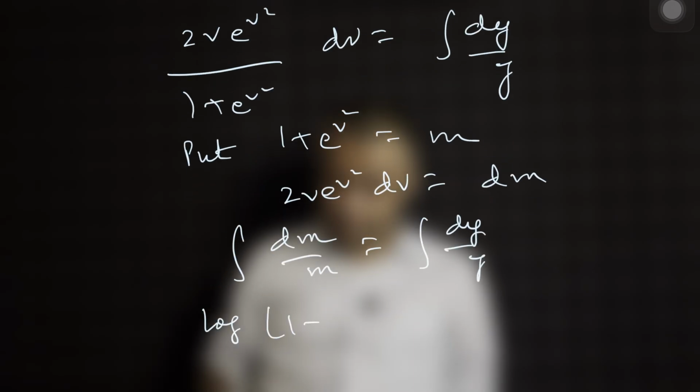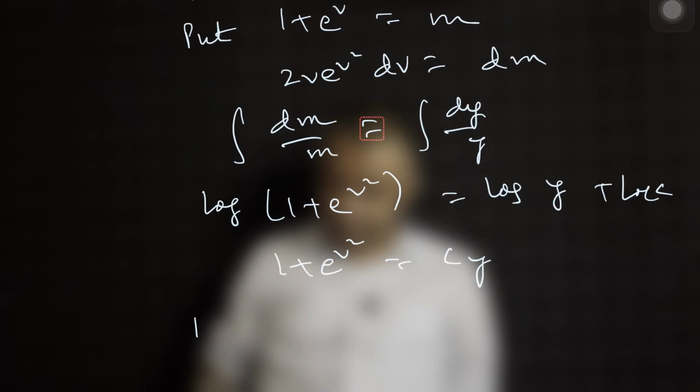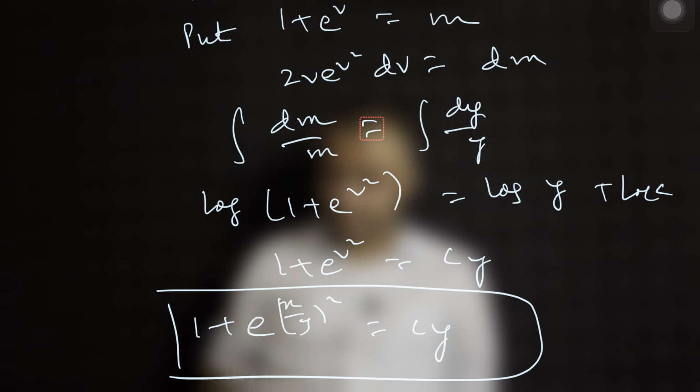So, this is your log of 1 plus e^(v square) is equal to log of y, okay, plus some log of c. So, I can write this 1 plus e^(v square) is equal to cy, and this can be written as 1 plus e to the power (x/y) whole square is equal to cy. So, this is my answer.